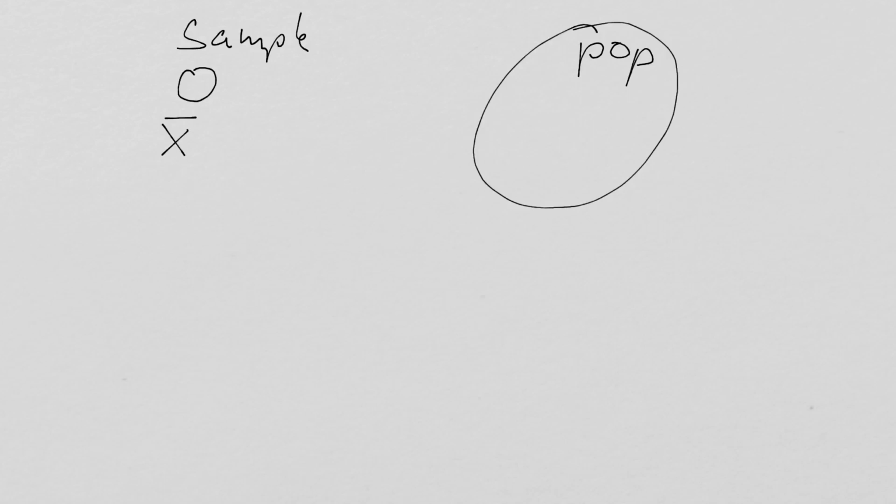And the average of the population, everything that has to do with population will be in Greek letters. And the average of the population is called mu. In this case, it doesn't mean micro, it means average of the population. Yeah?